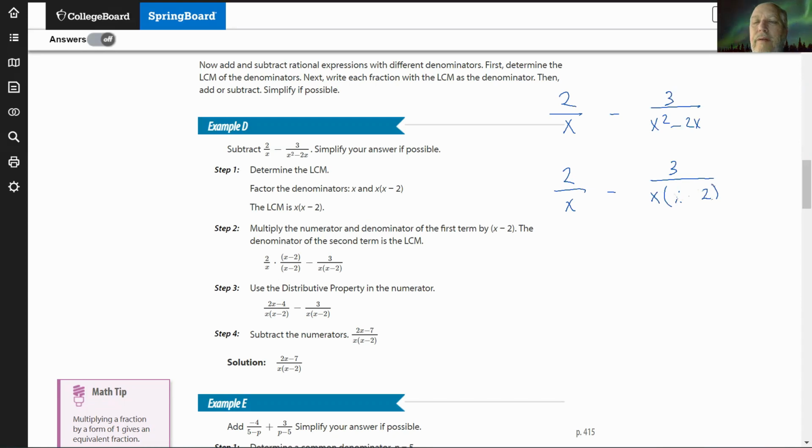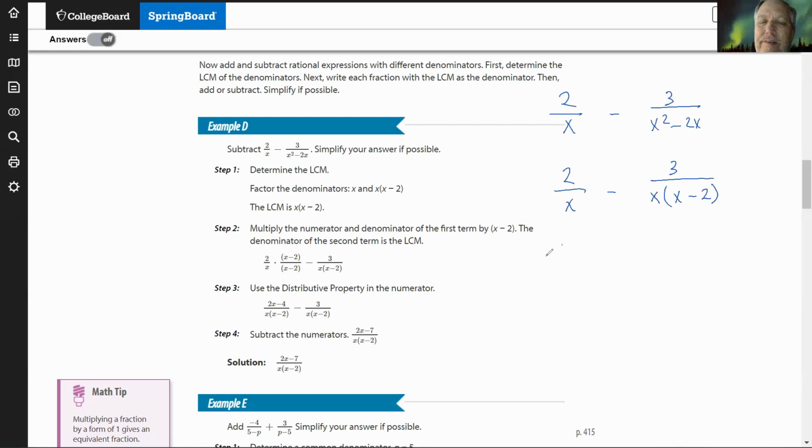So now we have to look at this and say, okay, what do they both have in common? They have an x. We can see it by looking at the two different denominators and asking, what is the other one missing to make them look the same? So you can think of it like that.